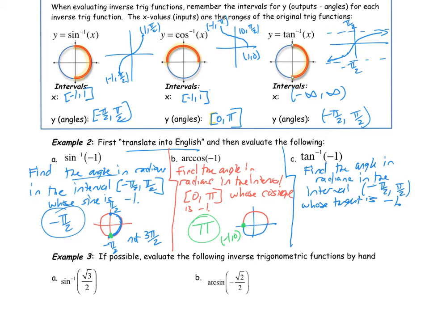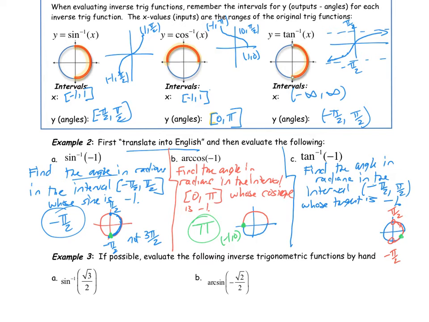Okay, so I'm going to sketch a unit circle. I'm going to remind myself that I need angles on the right half of the unit circle, excluding the endpoints. They have to be named between -π/2 and π/2, no coterminal angles. And I want a tangent of -1.